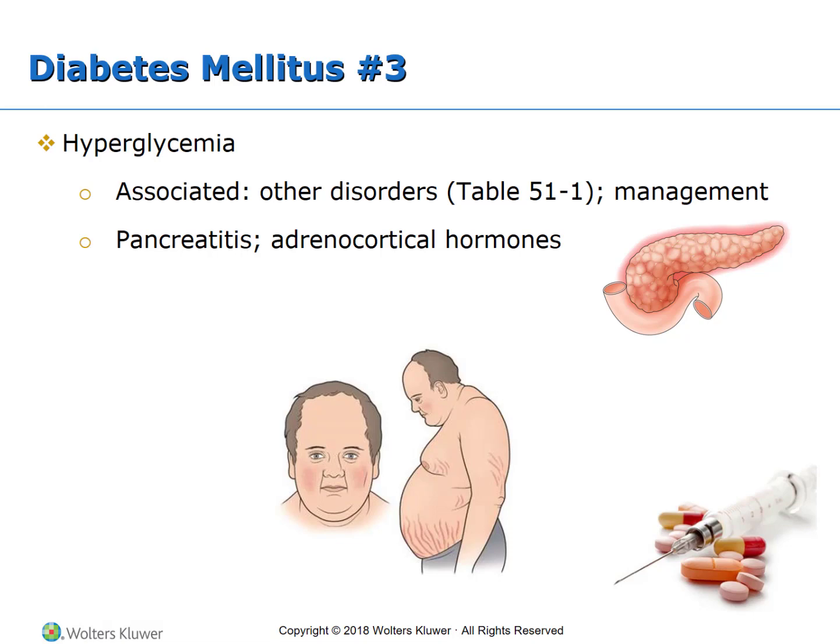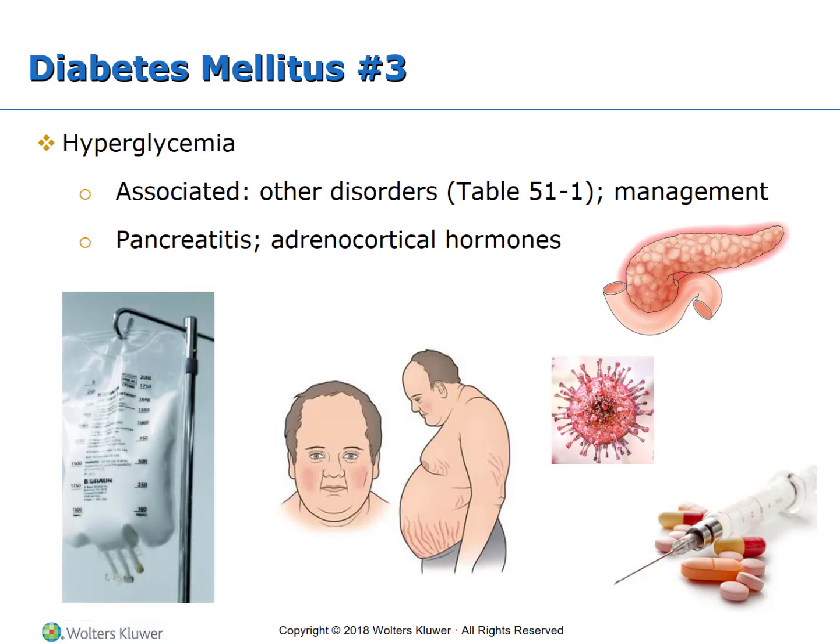Sometimes oral contraceptives, estrogens, and people who have bipolar disorders may be taking lithium. Those are all medications that can induce hyperglycemia. Also, it could be induced by viruses, such as cytomegalovirus, mumps, adenovirus, or rubella.